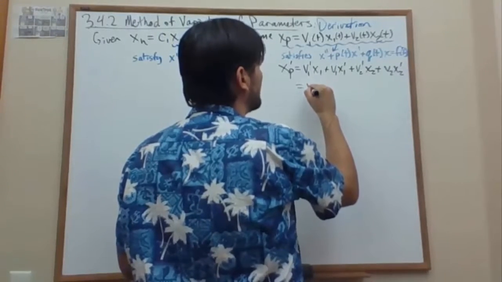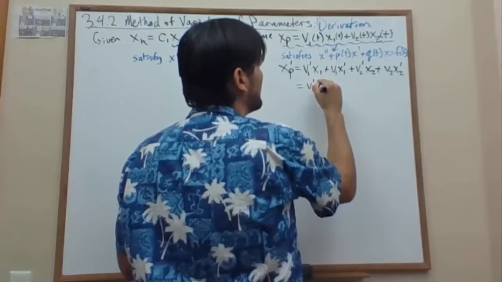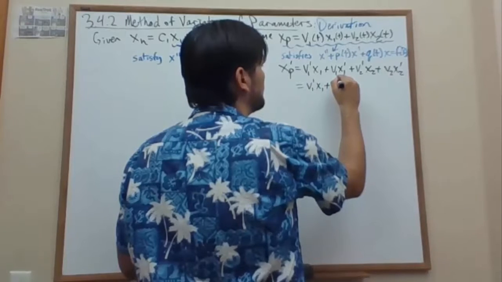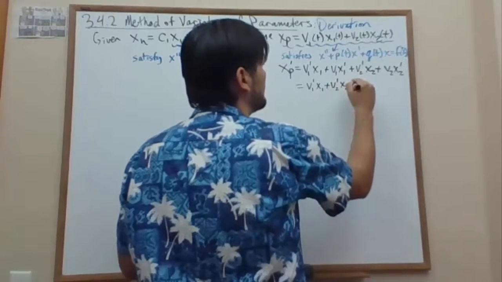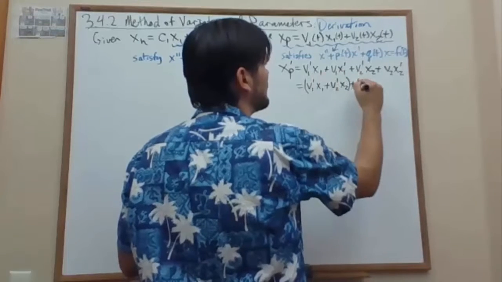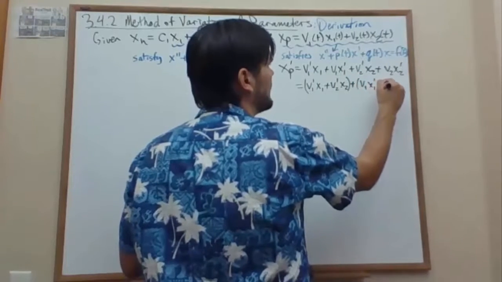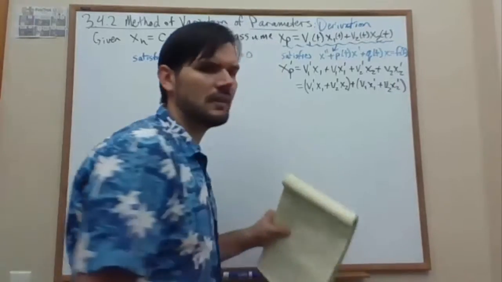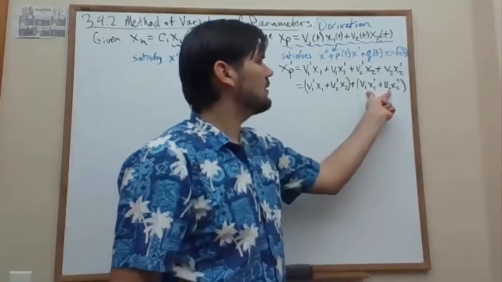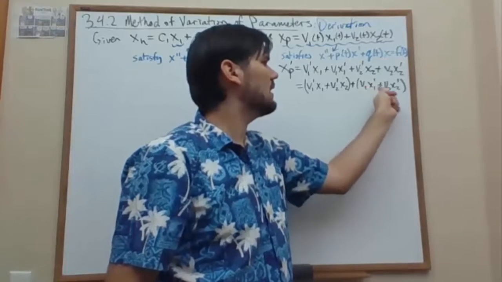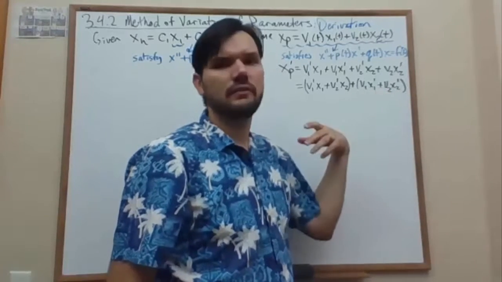To do so, think of this as v1 prime x1 plus v2 prime x2 plus v1 x1 prime plus v2 x2 prime. We're going to group them like this. These are the terms that we're fine with because taking a derivative will only lead to a first derivative on v1 and v2.